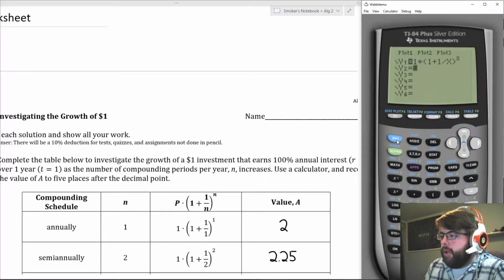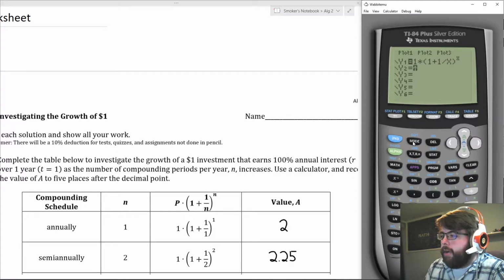I'm doing that because I'm going to use a little bit of a thing that the calculator can give you. This is a pro tip for your calculator. Now, I put x in because the graphing calculator likes x in the y equals area, but my x is just my n. All right, so I put that all in the y equals.